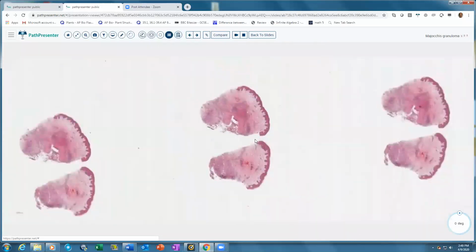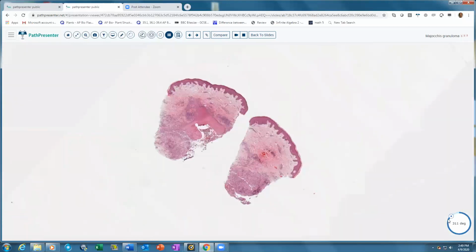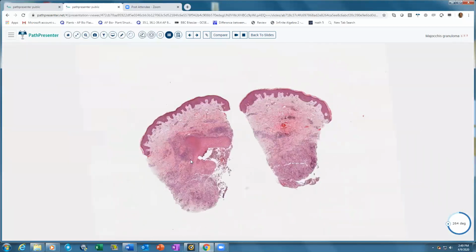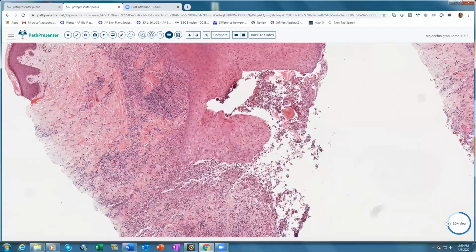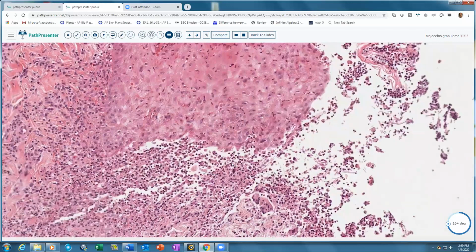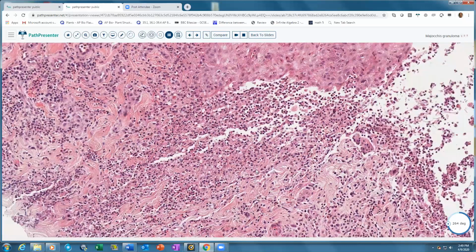When we talk about Majocchi's granuloma, that is one that you are usually going to see in the dermis. Usually it looks like a suppurative and granulomatous inflammation associated with a hair follicle. Sometimes it might look like a ruptured hair follicle, but you can see all these neutrophils, lymphocytes, macrophages and giant cells.